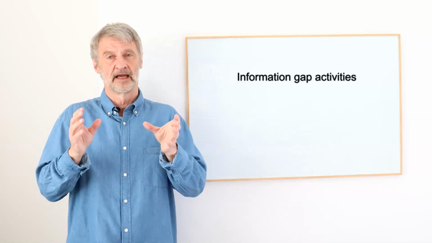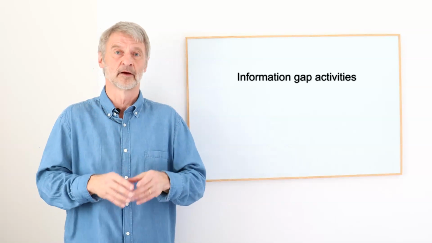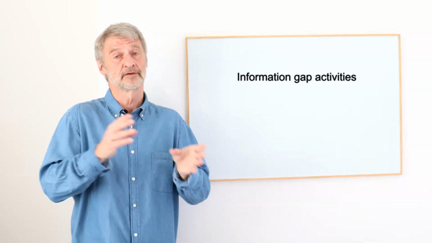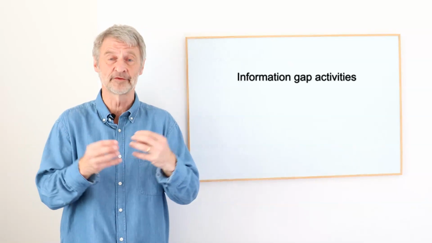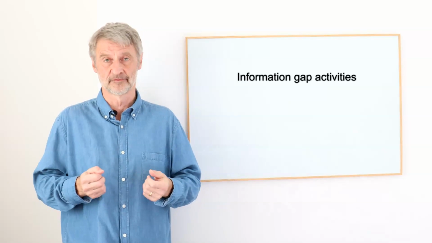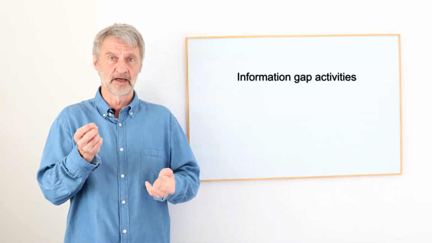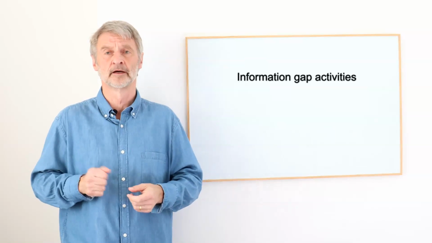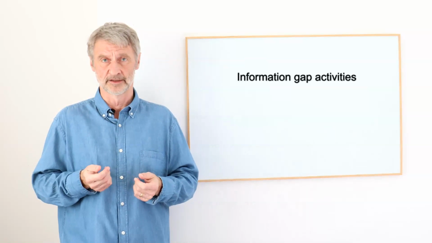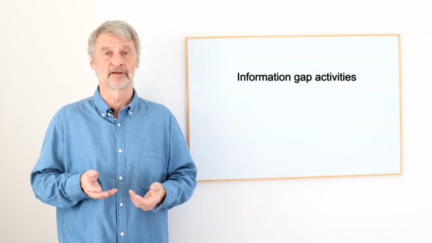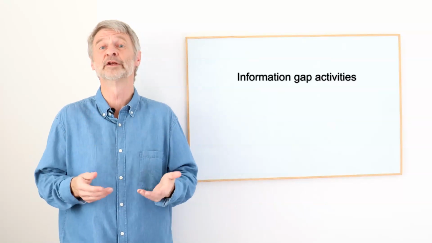Well, it basically means that one student has some information the other student doesn't have, and they have to communicate to obtain that information from each other. So as an example, if I tell my students to ask each other, what's your name and do you study English? There's no information gap, because the listener already knows the answer.